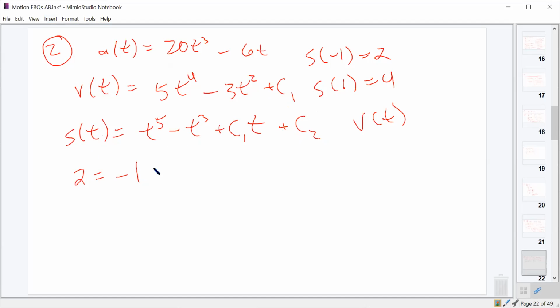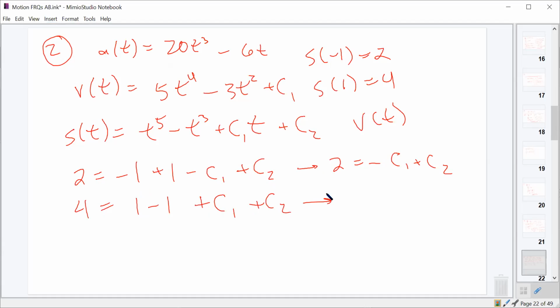So -1 plus 1 minus c1 plus c2. So effectively 2 equals -c1 plus c2. And if I plug in 1, I should get 4 equals 1 minus 1 plus c1 plus c2, which effectively gives me 4 equals c1 plus c2.